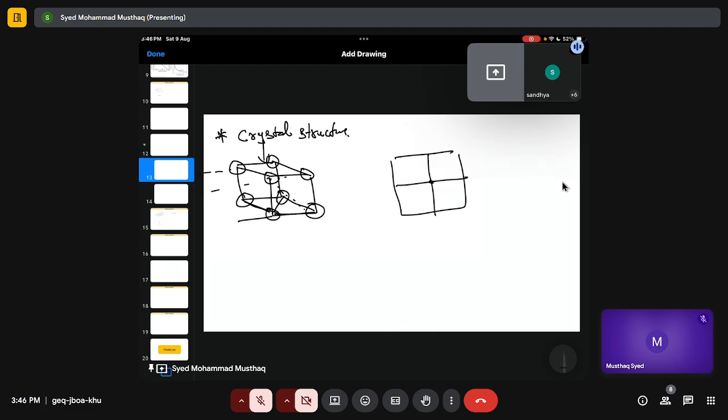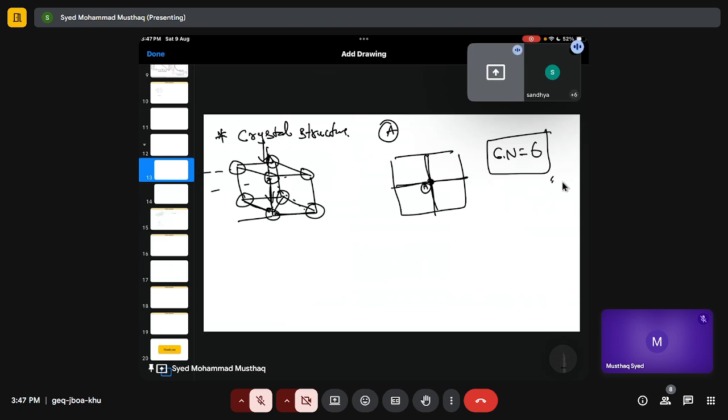So this is my atom, let's not take carbon, let's take atom A. From top view, it will look like this. Right? If I am looking here, it is bonded to 4 other atoms. Now, one atom is below and one atom is above. So the coordination number is 6. So each atom should be surrounded by 6 atoms. Then that atom is at a lower energy state in simple cubic.